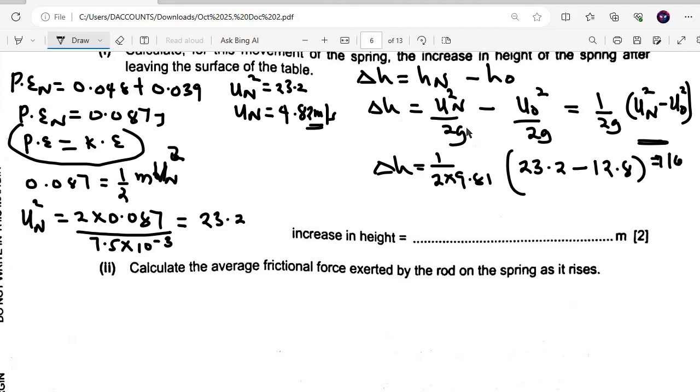This gives us 10.4 over 2 times 9.81, which is 19.62. 10.4 divided by 19.62, we have 0.53. This is the increase in height. I believe it's clear and we all understand. So that's it. The next question.